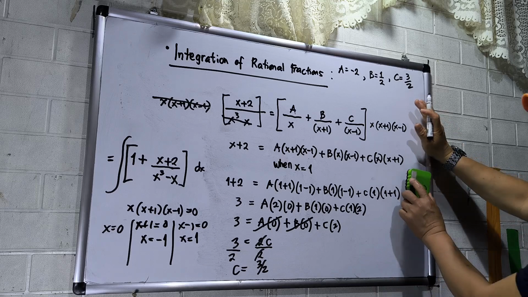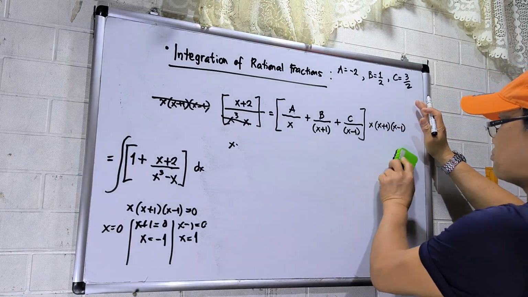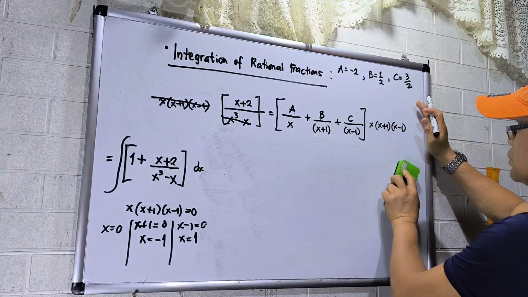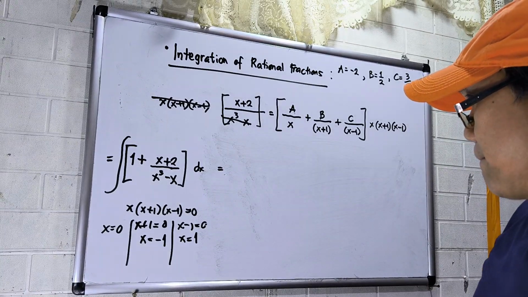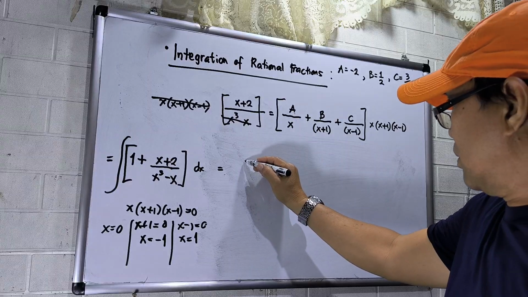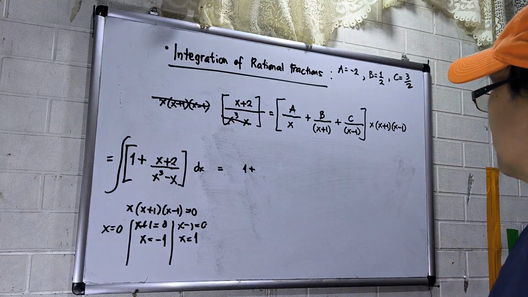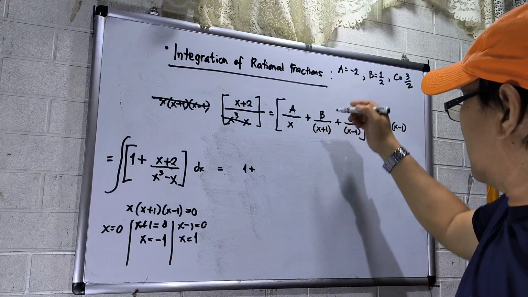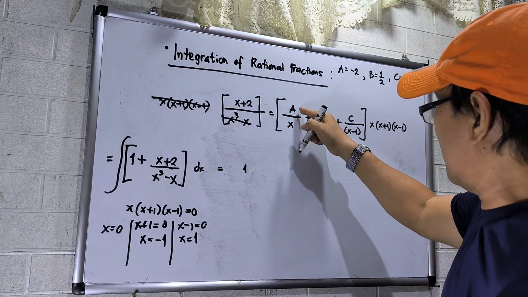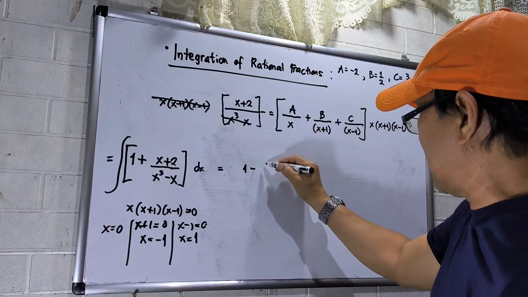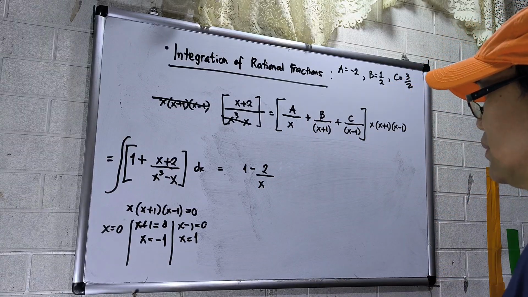Okay, so I will move. I will erase this one. So this will be 1 plus a is negative 2. So this will be negative 2 over x. Okay?